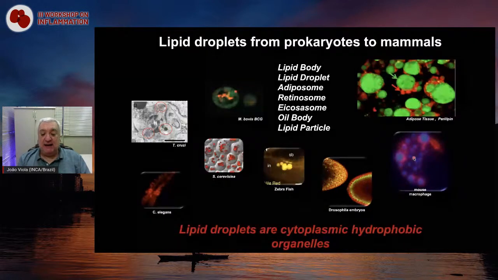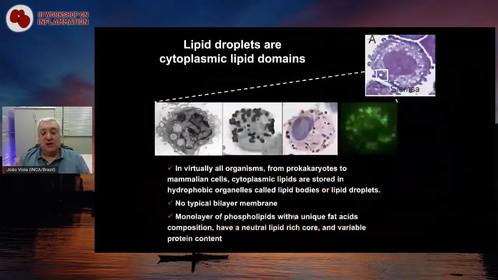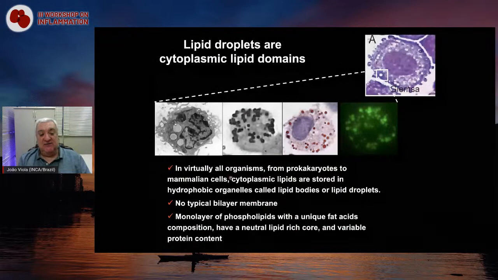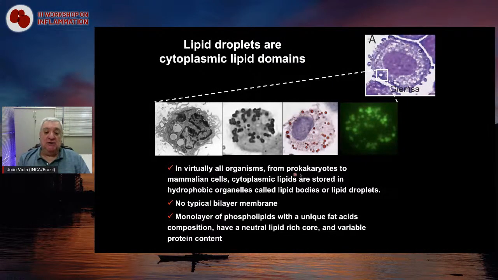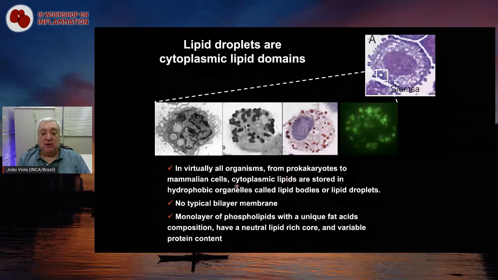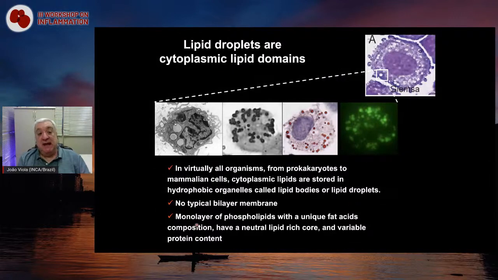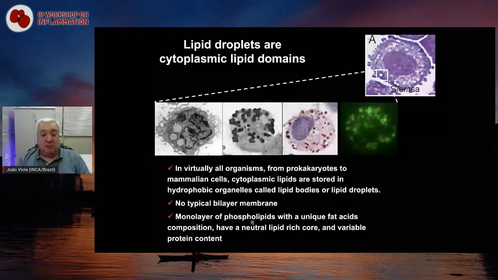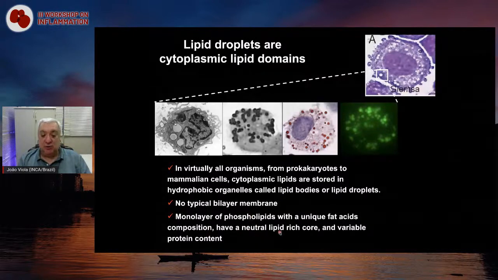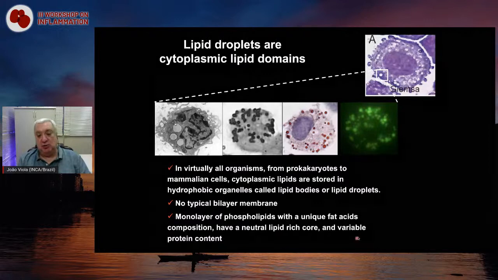Lipid droplets are cytoplasmic hydrophobic organelles present virtually in all organisms, from prokaryotes to mammalian cells, cytoplasmic lipid storage organelles called lipid bodies or lipid droplets. They have no bilayer membrane, with a unique fatty acid composition, a neutral lipid core, and variable protein components.